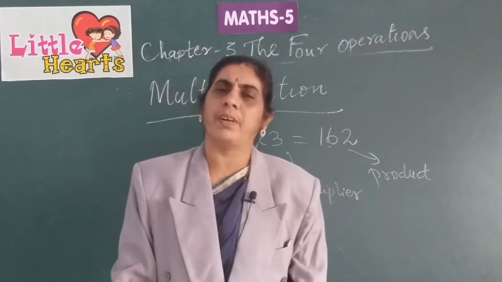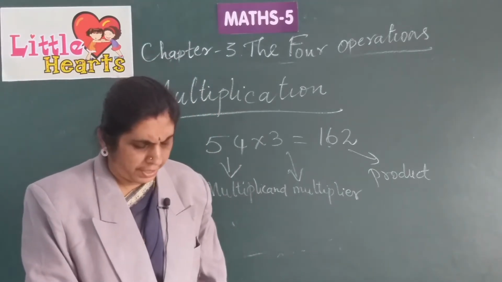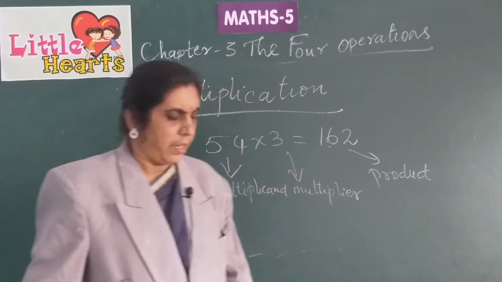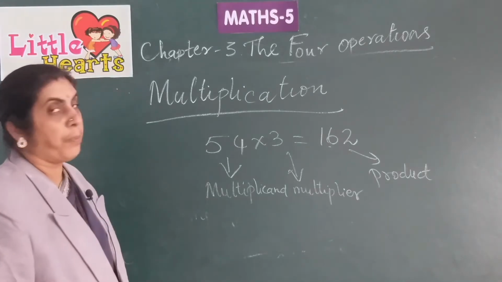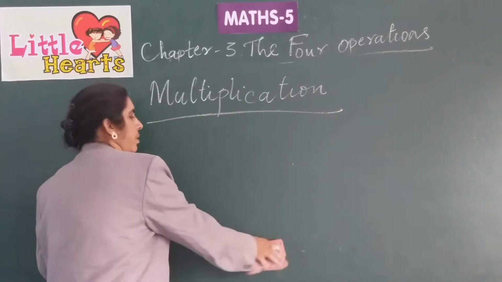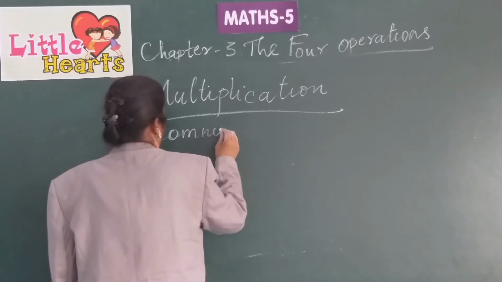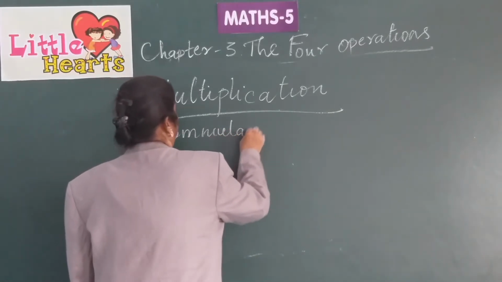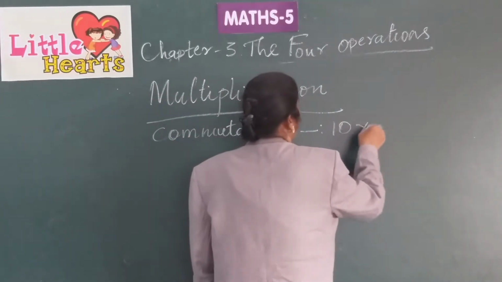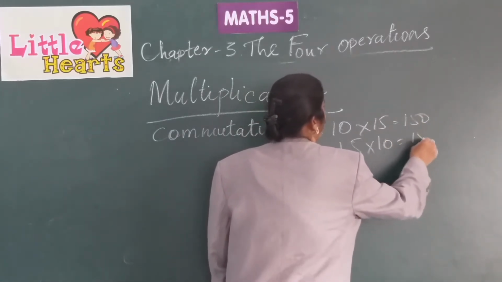Find the product of 25 and 10. That means 25 into 10, 250 is the product of 25 and 10. And as in addition, we have properties of multiplication also. Commutative property. 10 into 15 is equal to 150, the same as 15 into 10 is equal to 150.